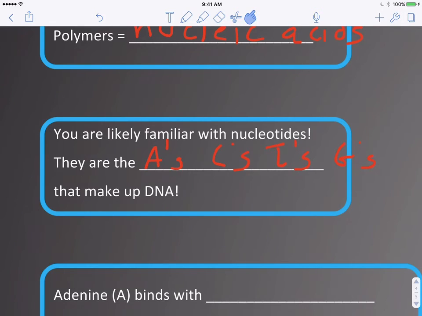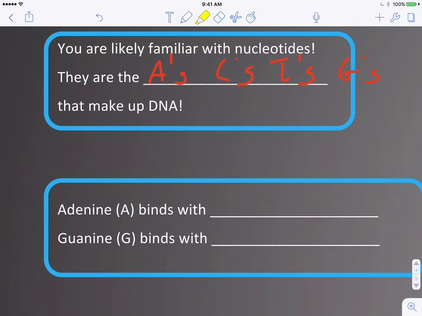Okay, and you guys have probably done this in middle school at some point where you say that, oh, the A's, right, these adenines bind with thymine, right, which is our T's, and our guanines, right here, these bind with cytosine. These are our C's, okay?